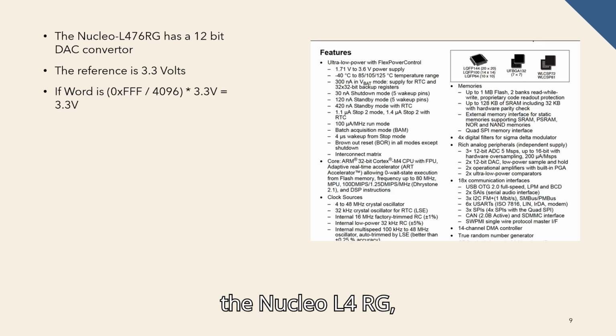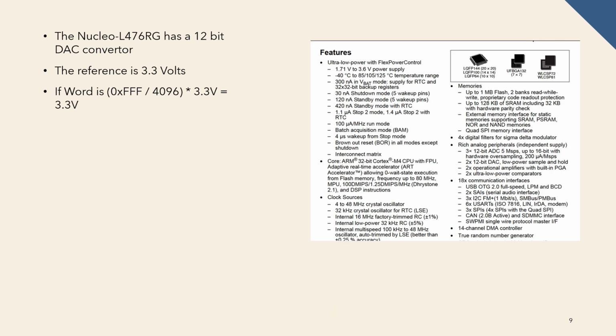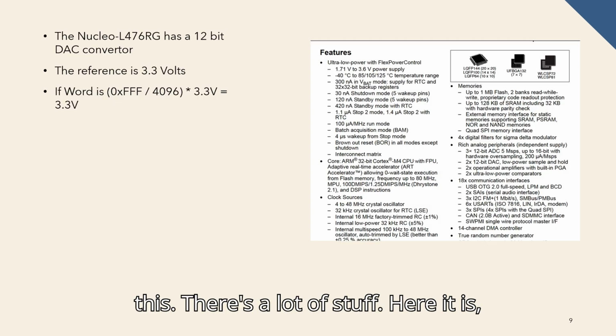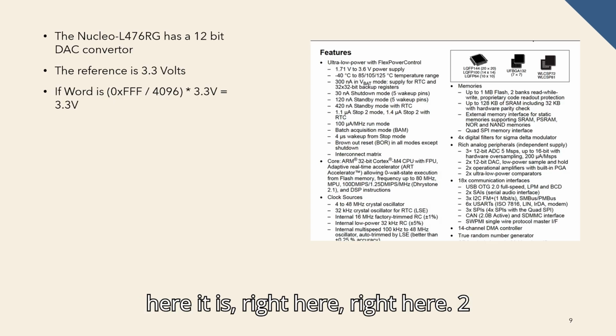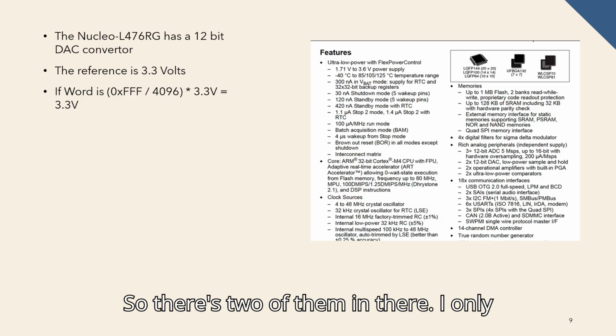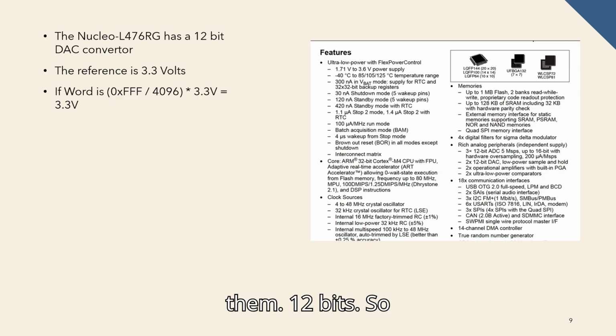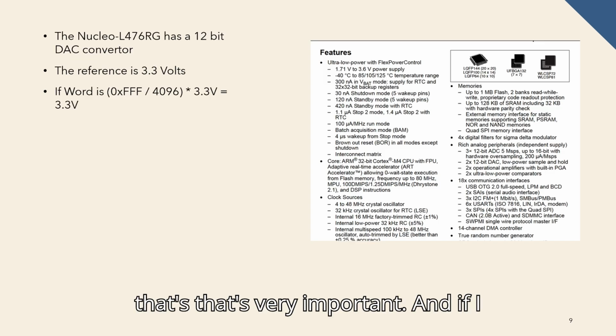So the Nucleo L4RG, what I have, it says right around here. There's a lot of stuff. Here it is, right here: 2 times 12-bit DAC, low power sample and hold. So there's 2 of them in there. I only know of 1, but right now there's 2 of them. 12 bits, so that's very important.